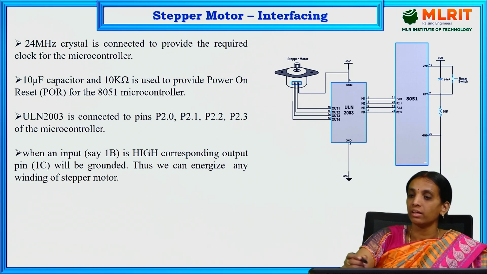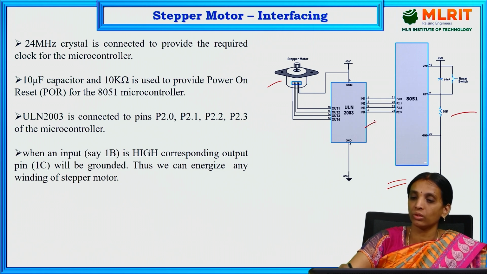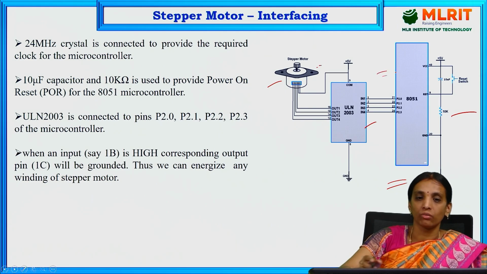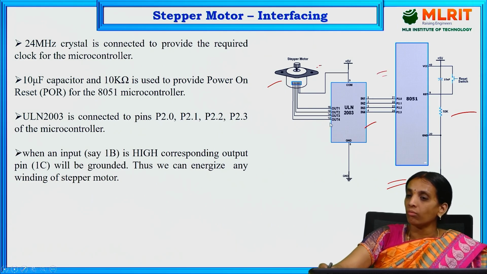Next, this is the circuit diagram used for interfacing the stepper motor with the 8051 microcontroller. The ULN 2003 is the driver for interfacing the stepper motor to the microcontroller.